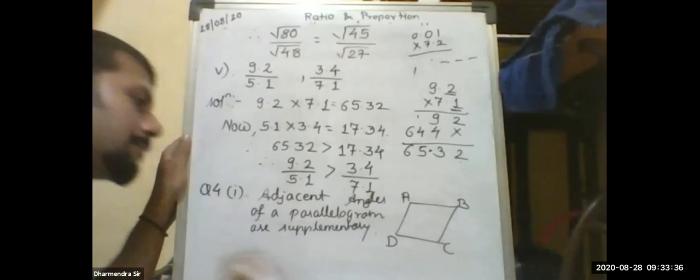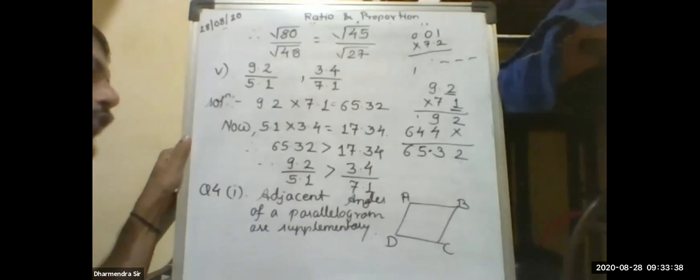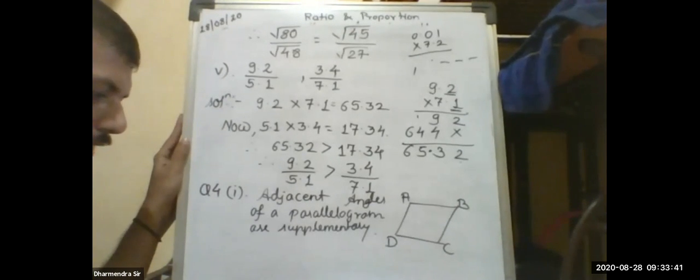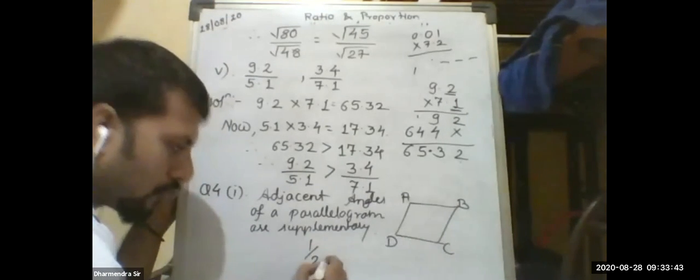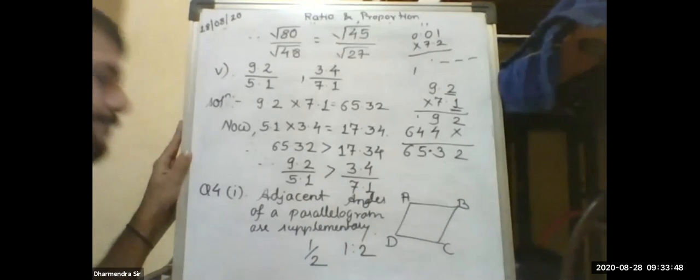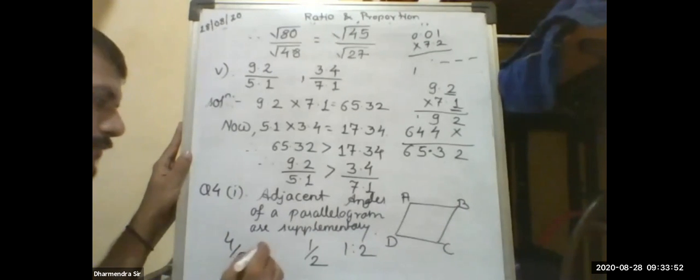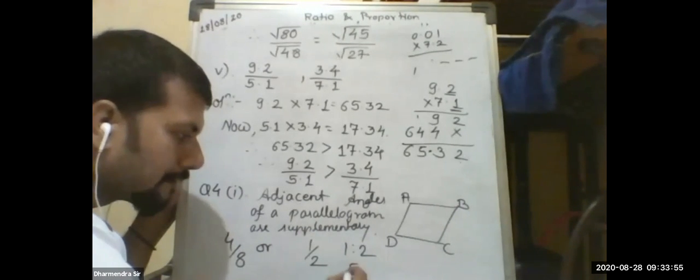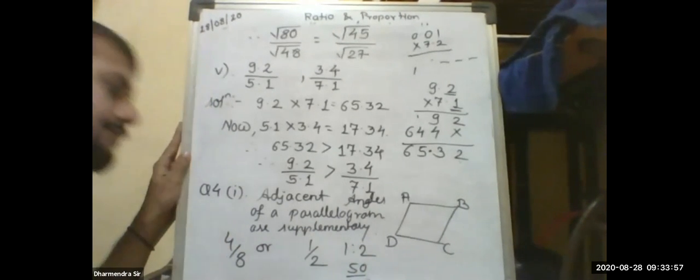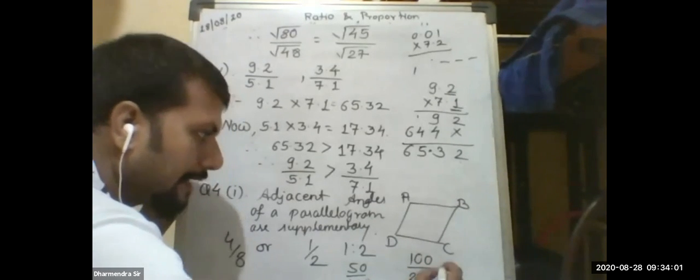For example, if I am saying that two things are in ratio, say half, that is 1:2. So it can be 4/8, or it can be 50/100, or it can be 100/200, etc. So it depends, as we don't know the common multiple.